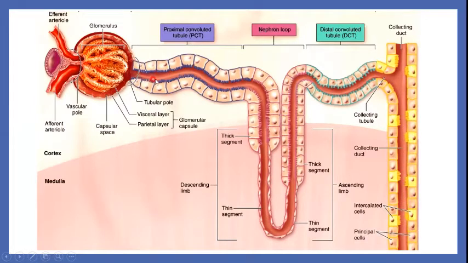Each section of the tubule absorbs different solutes and different amounts of water. So as the filtrate travels down, we might absorb more calcium in the proximal, more sodium in the nephron loop, maybe more excess water in the distal. The reabsorption can vary based on what section of the tubule it's in. By the time it gets here, now it's urine.